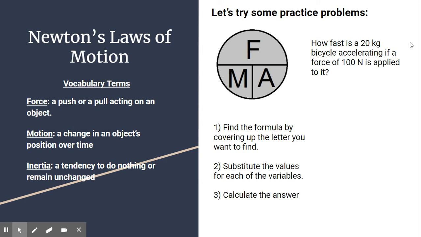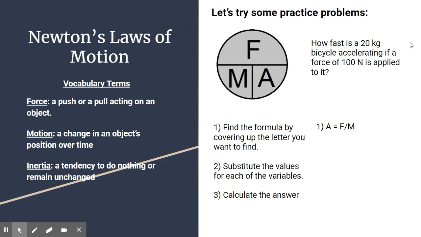Let's walk through some practice problems. How fast is a 20 kilogram bicycle accelerating if a force of 100 newtons is applied to it? Find the formula by covering up the letter you want to find. We're trying to find acceleration in this one, so you'd cover up the a and be left with a equals F divided by m.